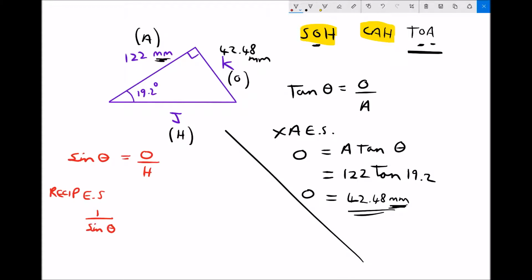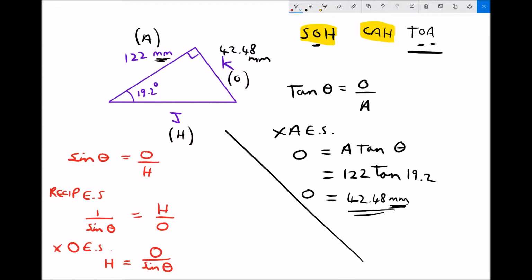And when I recip the right-hand side, I'm going to get the hypotenuse over the opposite. The top becomes the bottom and the bottom becomes the top. Therefore, my next step will be to times each side of the equation by O. And I'll be left with the hypotenuse equals opposite over sine theta.